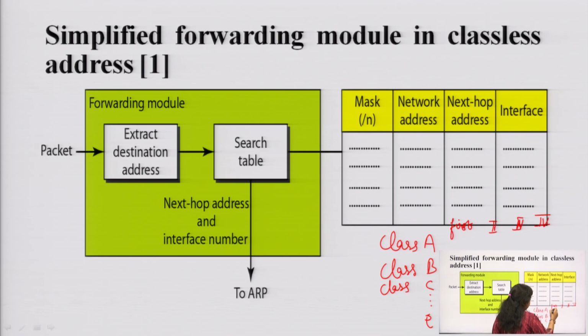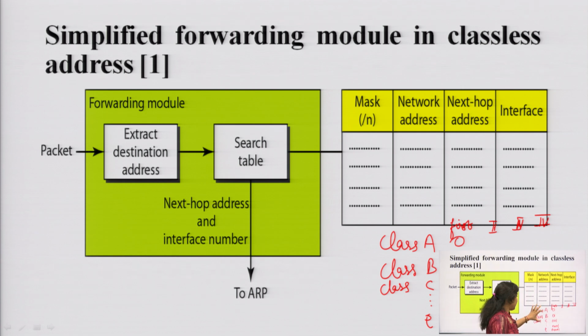So, the classes are described by 0, 10, 110, 1110, and 1111. This is just an example, I am not rigid that this is the particular table, I am just explaining the example.